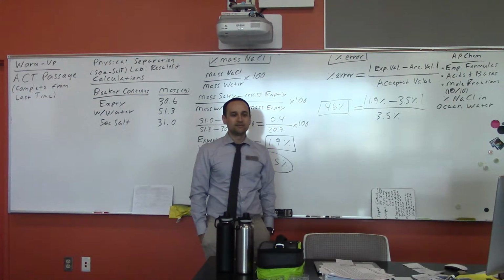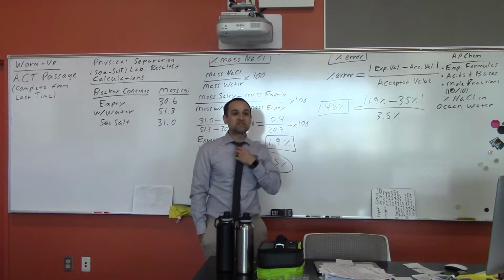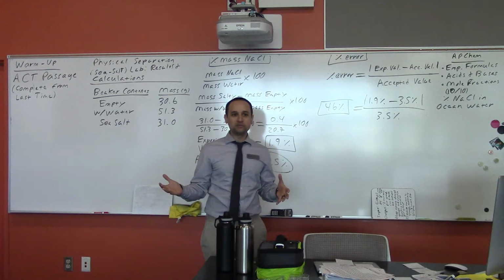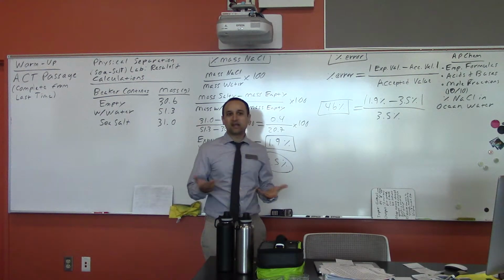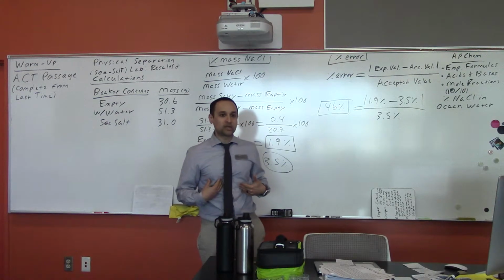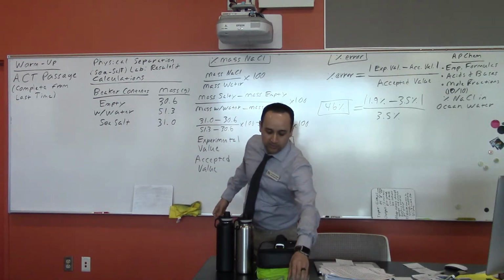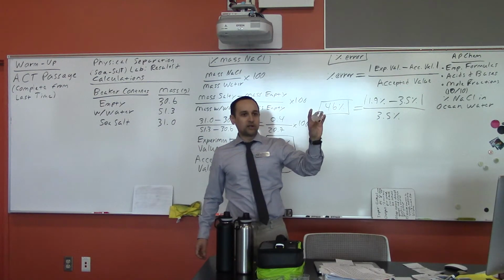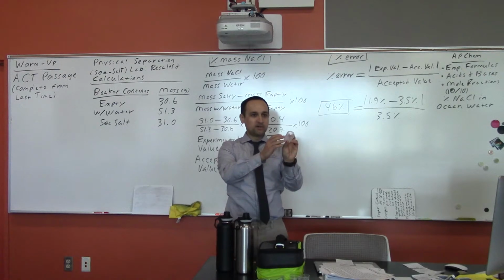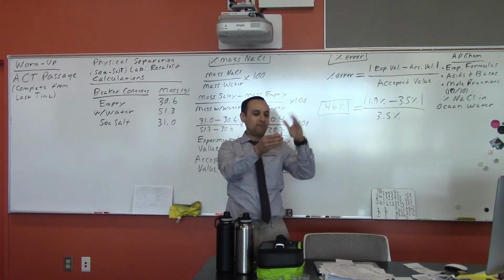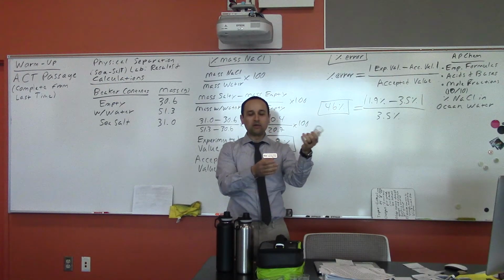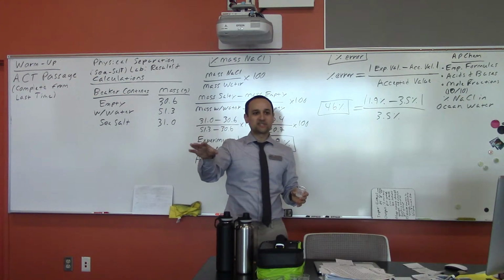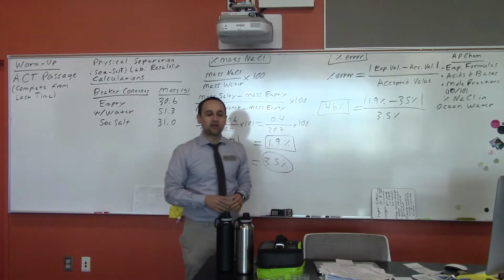Okay? So the accepted value is just the value that scientists with better methodologies than the one that we used have gone ahead and calculated. And honestly, if we were a little more careful, we would calculate it too. So the thing that mucks up our answer is the fact that we've done all this boiling. It causes a bunch of salt to pop out of the beaker while it's boiling, and it puts a bunch of salt on the hot plate and on the countertop.